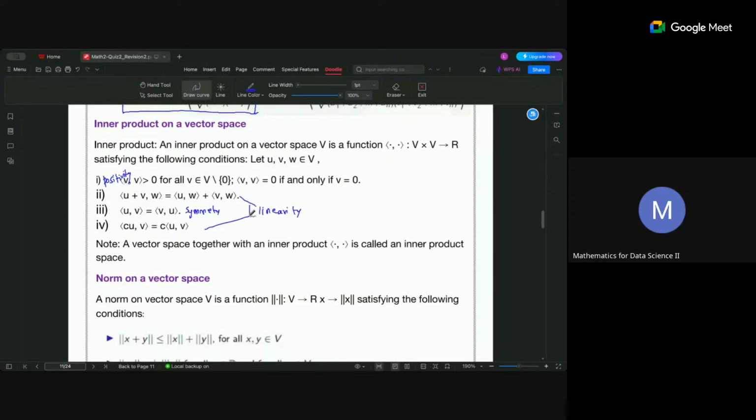So in fact, you have bilinearity. What is meant by bilinearity? Linearity in the first component as well as the second component. So remember, this linearity is not only applicable for the first component, it is also applicable for the second component as well. We are in the real space, so we have bilinearity here.